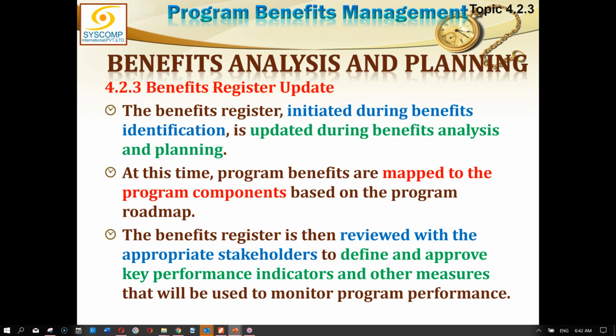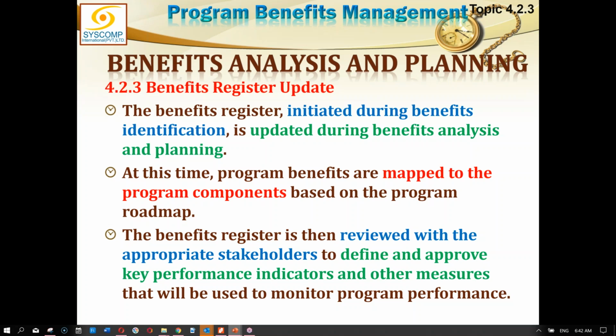So now all those details can be filled into the benefit register, which was otherwise incomplete. I could not have had all this information available when I was first creating the benefit register. Now that benefit register, in whatever form it was, can be updated with this new data.